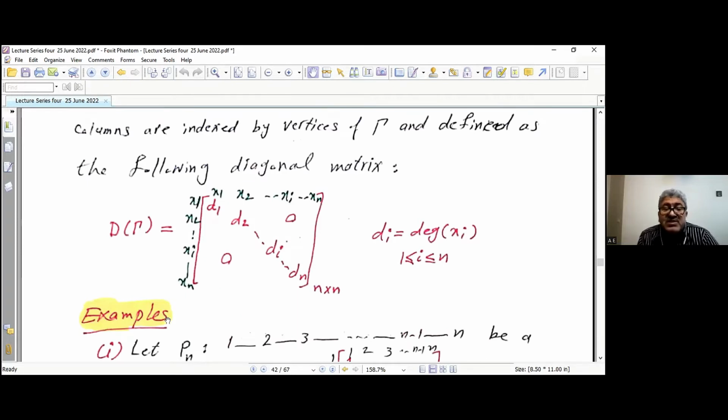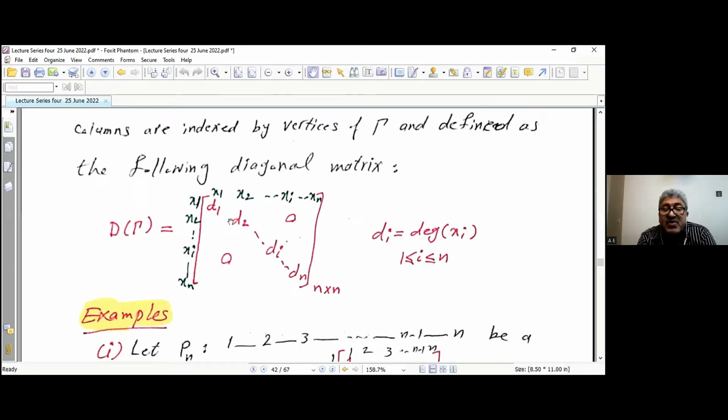It's a diagonal matrix, so all entries which are not on the diagonal are zero. For the diagonal, the first entry is d1, which means the degree of vertex x1.